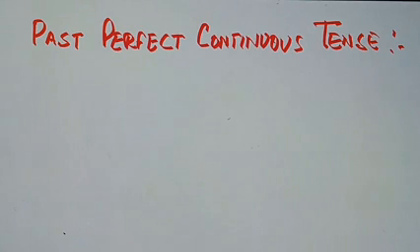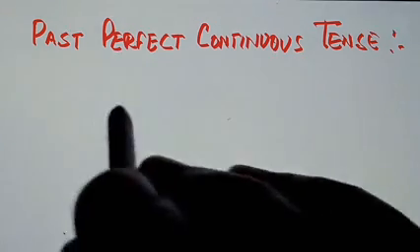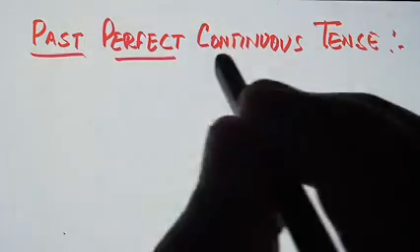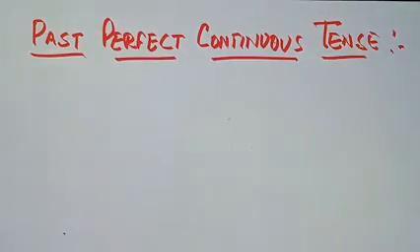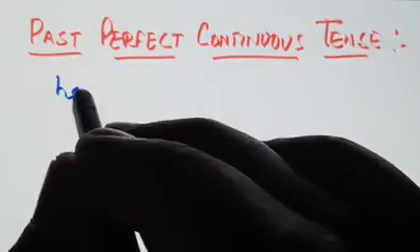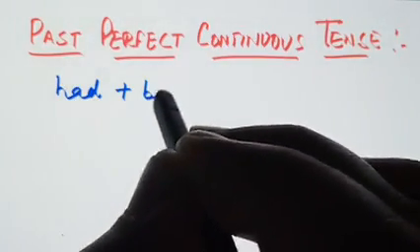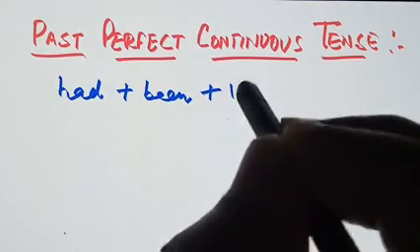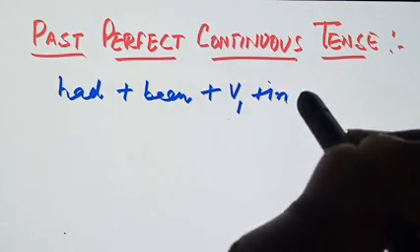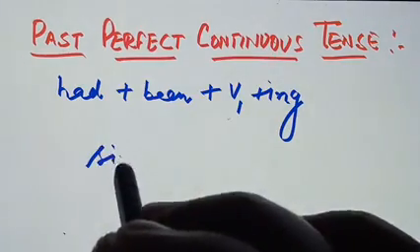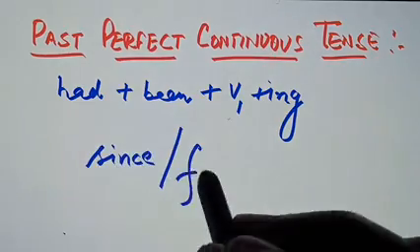The last tense in past tense is past perfect continuous tense. So the rule for past perfect continuous tense is had plus been plus first form plus ing, and since and for.